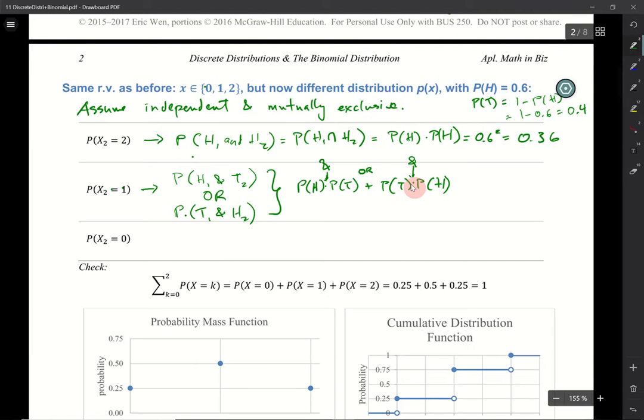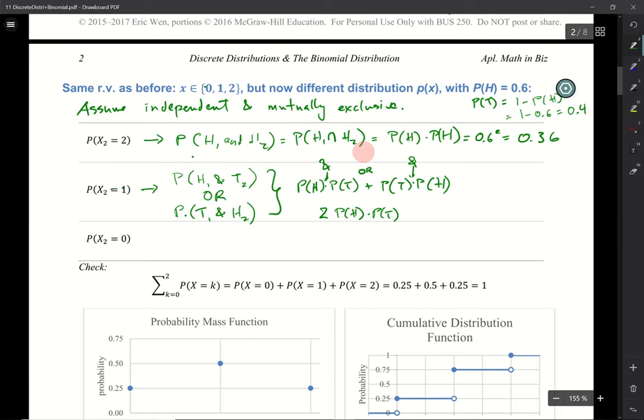Okay, and so obviously they're the same. So we'll just say 2 times the probability of H times the probability of tails, right? Because here technically this is 0.6 times 0.4, and this would be plus 0.4 times 0.6. But whether you multiply 0.4 by 0.6 or 0.6 by 0.4, it doesn't matter, right? So it's basically the same.